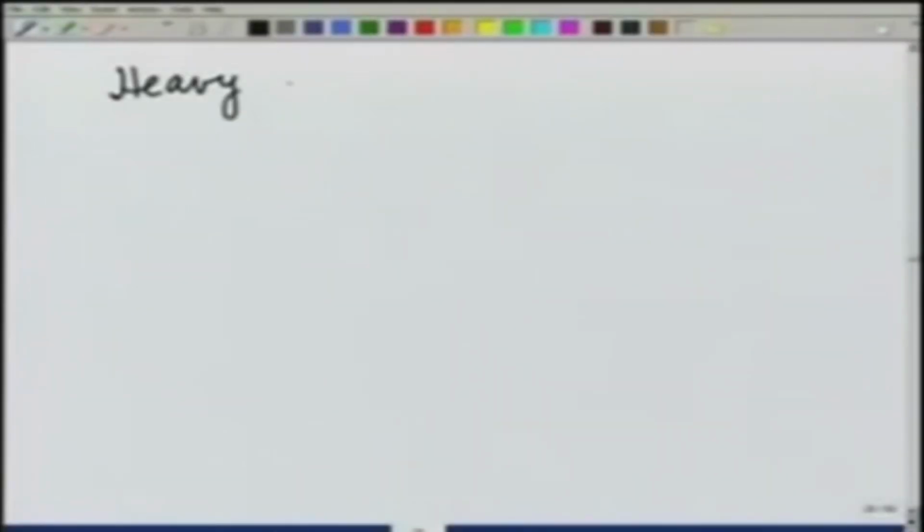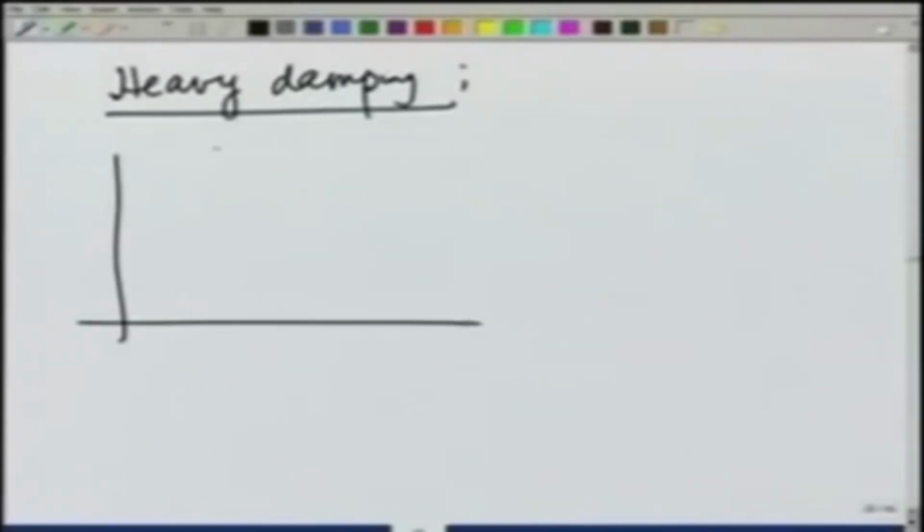What happens if I go to heavy damping? If you recollect the previous lecture, we recall that in heavy damping, with no applied force, the motion finally came to a stop like this.